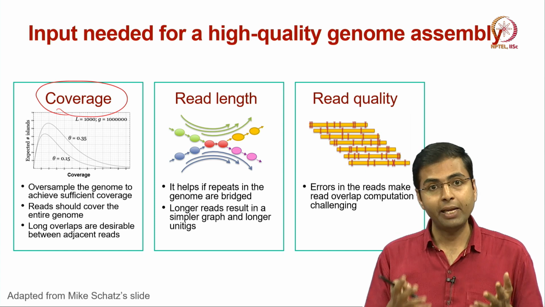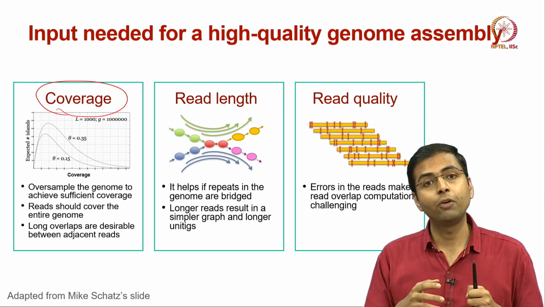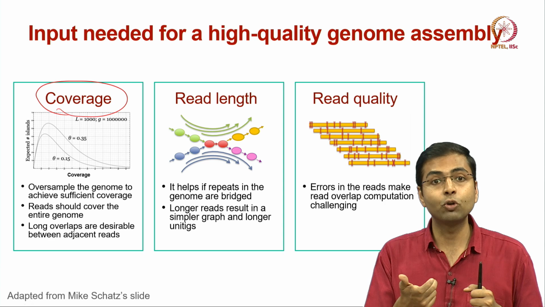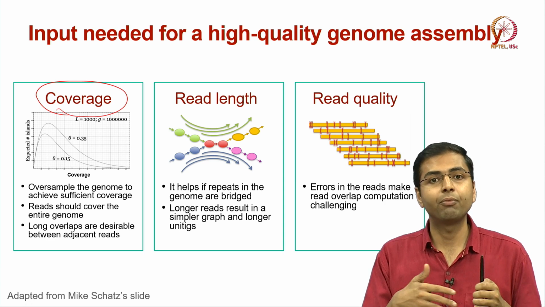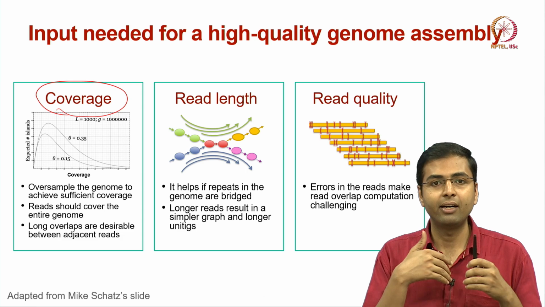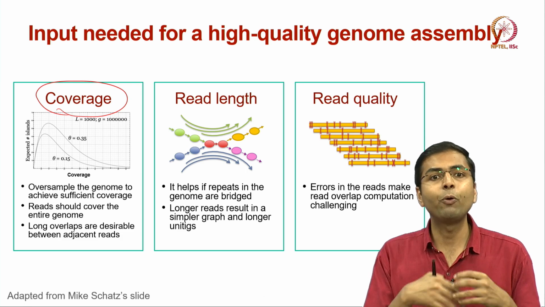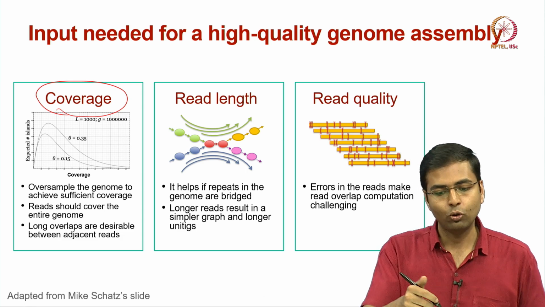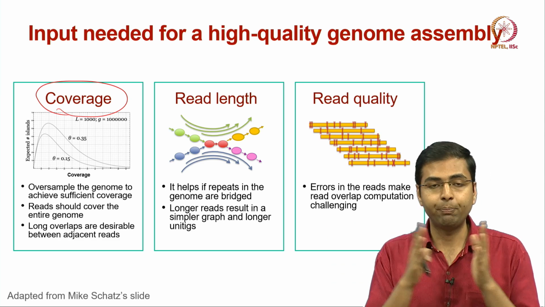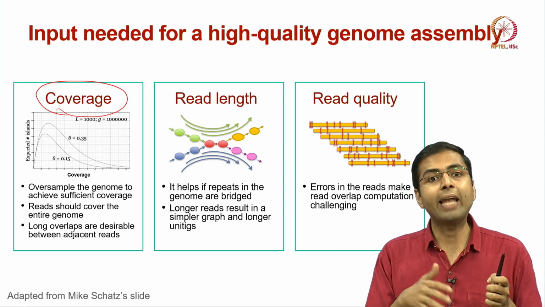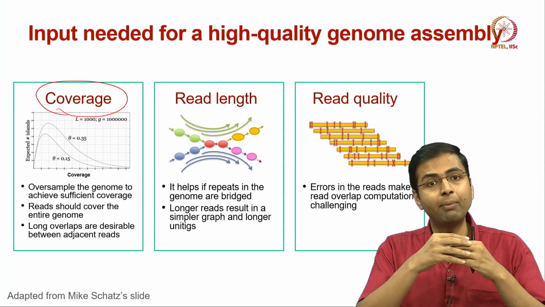Read lengths also play a role, because if you have short read lengths which do not bridge repeats, then again you will end up having a graph which is tangled, which will lead to ambiguity during genome reconstruction. If you have long reads which span repeats, this ambiguity can be resolved and your graph will be much simpler.